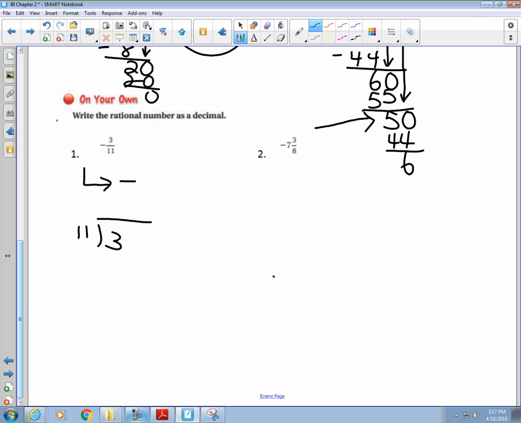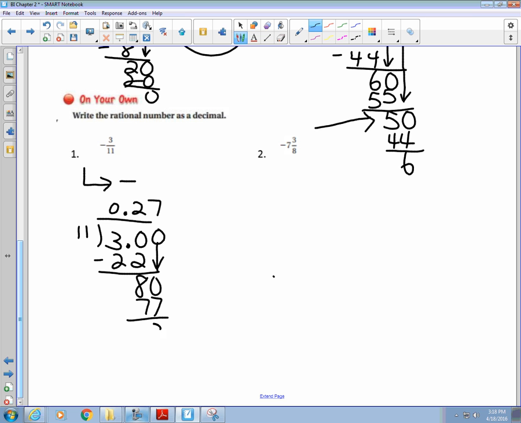11 goes into 3 0 times, decimal point, bring it up, add a 0. 11 goes into 30 twice. That's 22. Subtract that 22 from the 30, and I'm left with a remainder of 8. Add another 0 and bring it down. 11 goes into 80 7 times. 7 times 11 is 77.